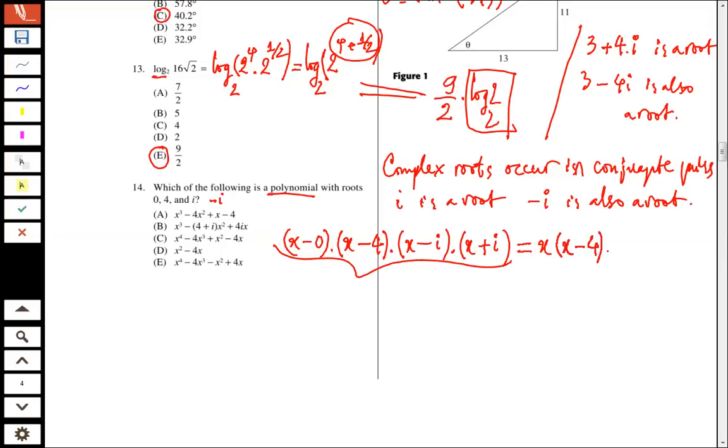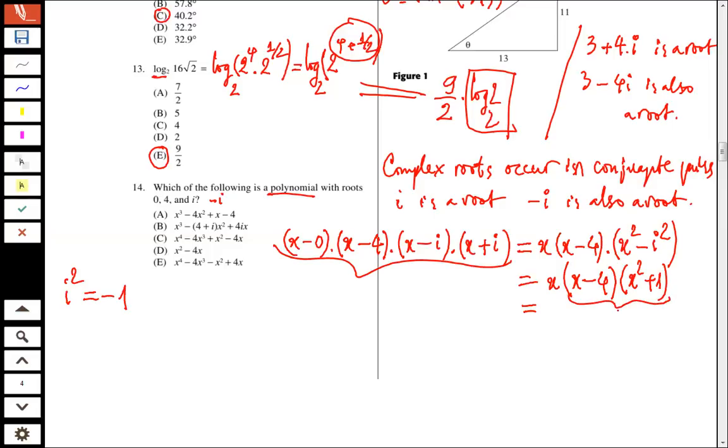x subtract 4. Here is x square subtract i square. And we need to remember that i square equal minus 1. It is x square add 1. I will multiply these two factors first.